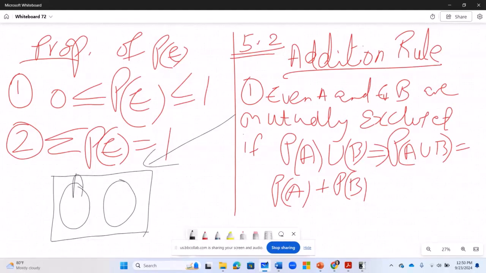Suppose this is A and this is B. If they cannot touch each other, nothing connects them, they are mutually exclusive.